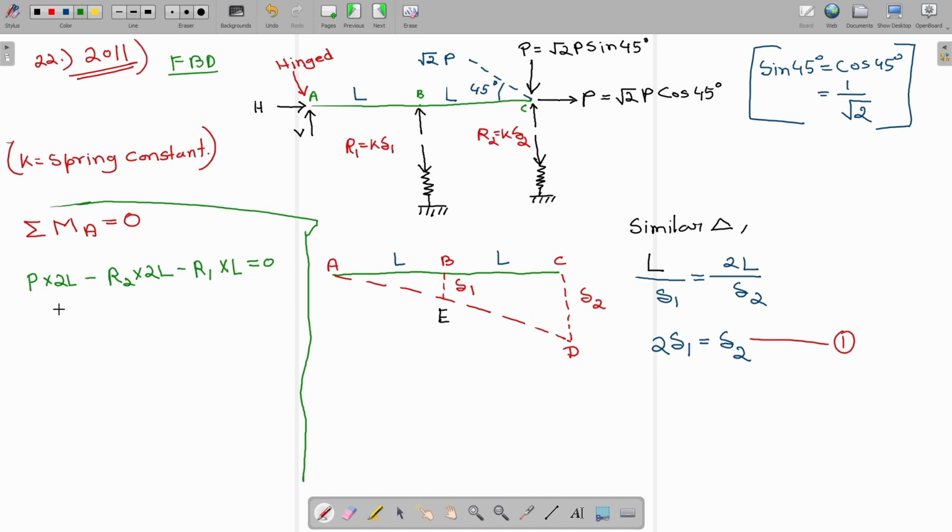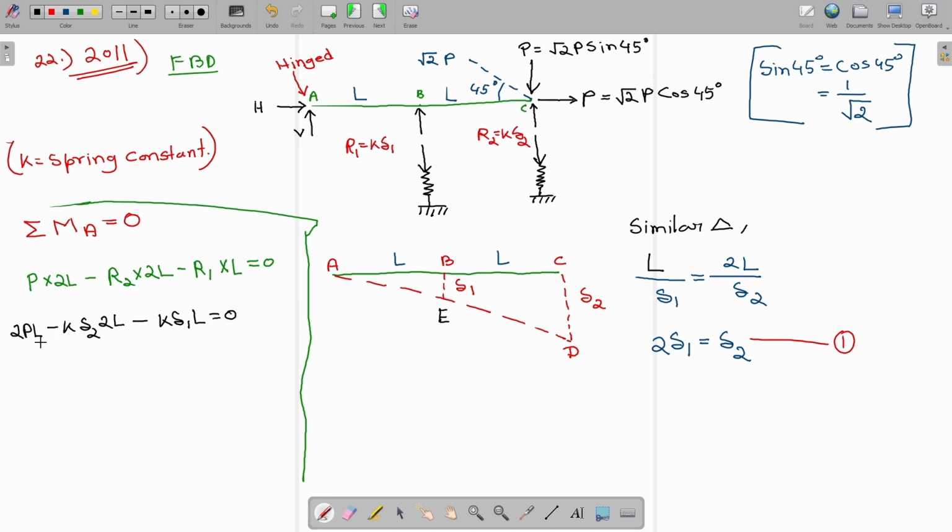Therefore, we are going to solve this. We can write it as 2PL minus K delta 2 into 2L minus K delta 1 into L is equal to 0.